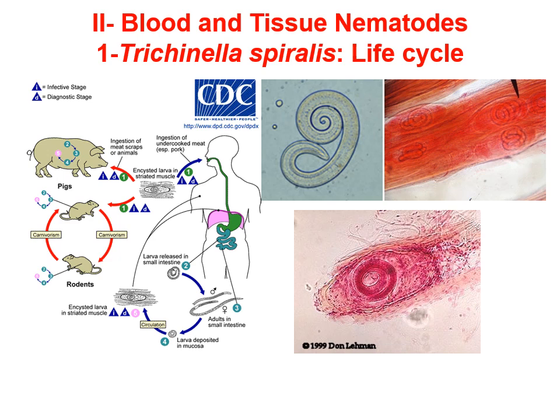Let us now discuss blood and tissue nematodes, and the first example I will be talking about is Trichinella spiralis. So when do we get infected with Trichinella spiralis? It is when we ingest undercooked meat, pork usually. What happens is that the larval stages will be liberated in the small intestine, and they will lead to the formation of adults, male and female, in the small intestine.